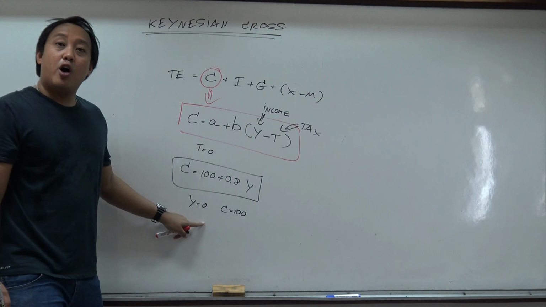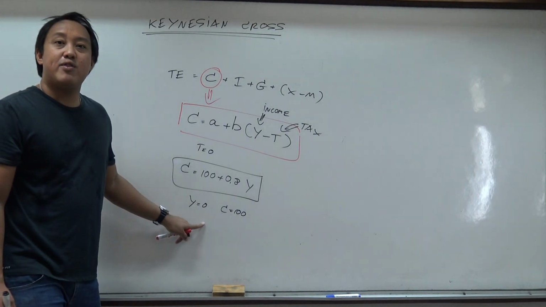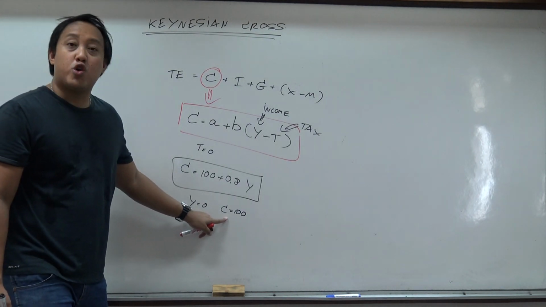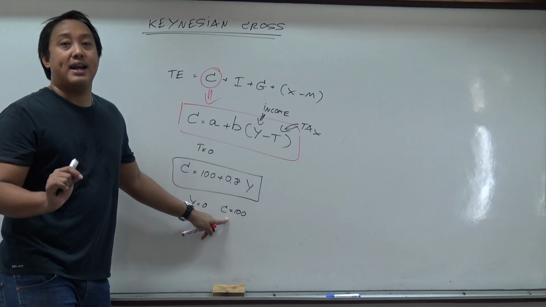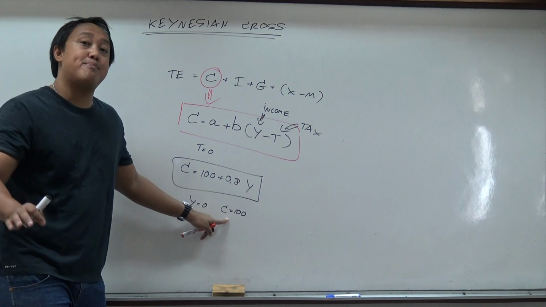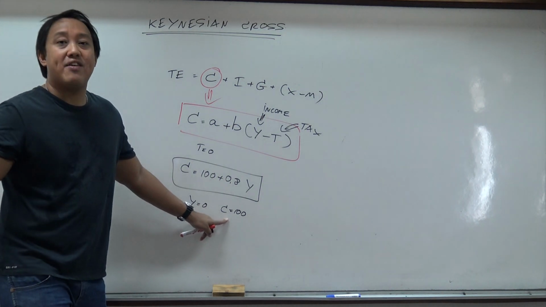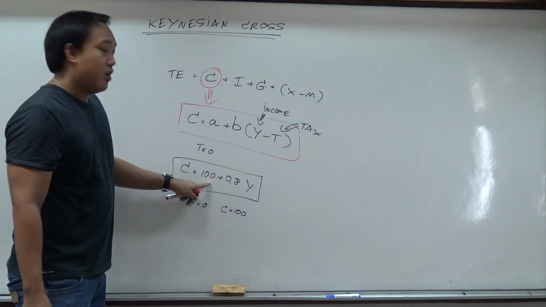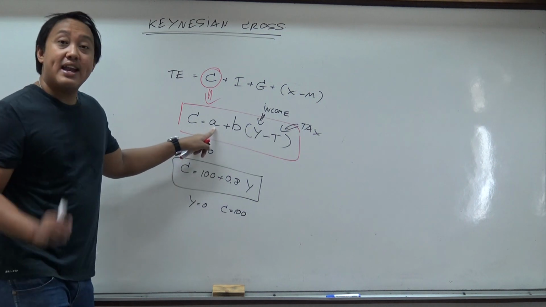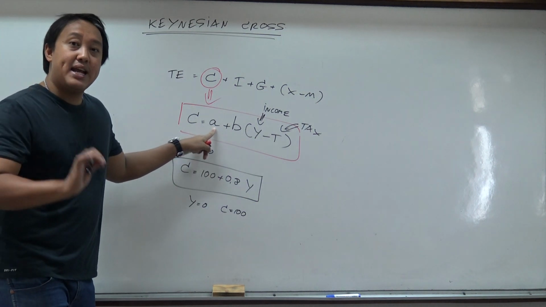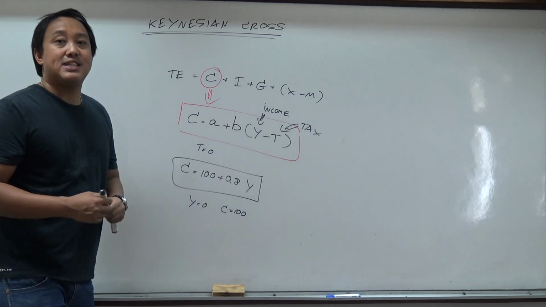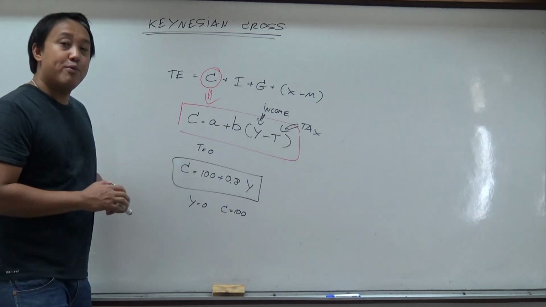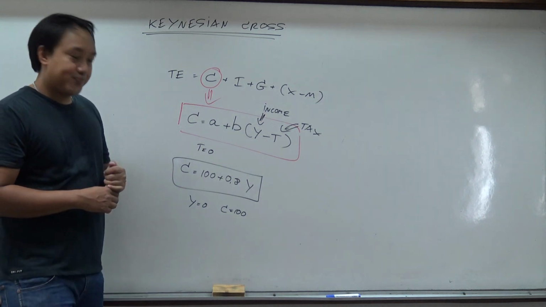Even though you don't have any income, you need to consume. You need at least 100 baht, in Thailand for example, in order to survive a day. So this is the meaning of A: the minimum money that you need to survive a day, even though you don't have any income.